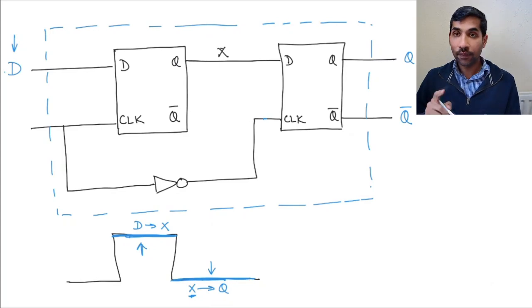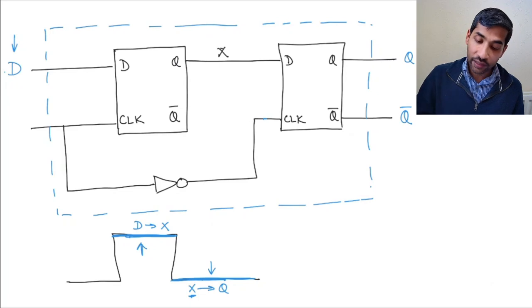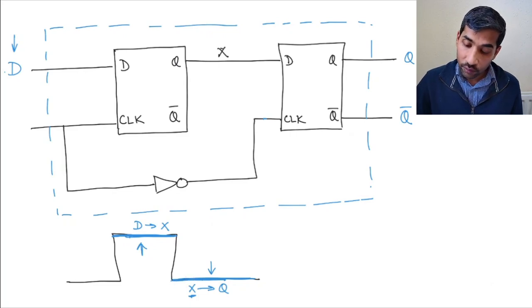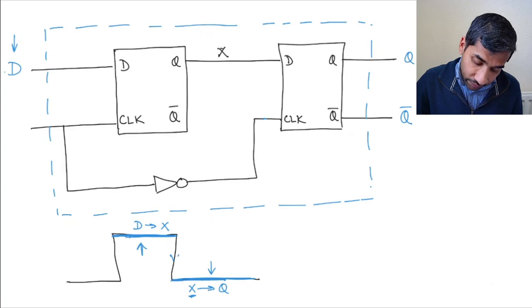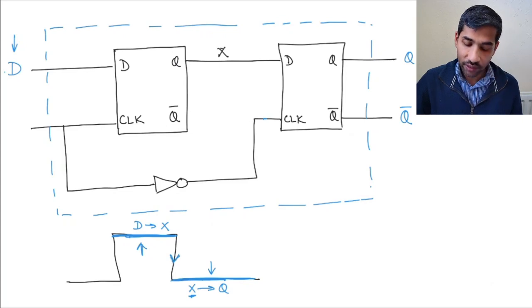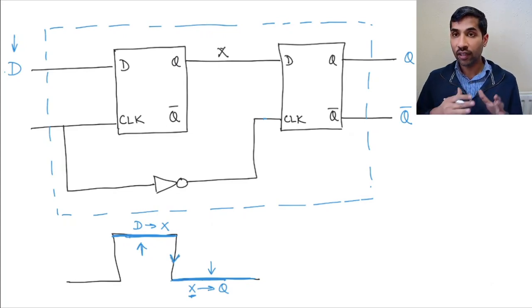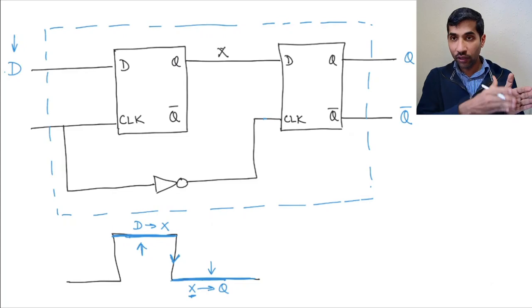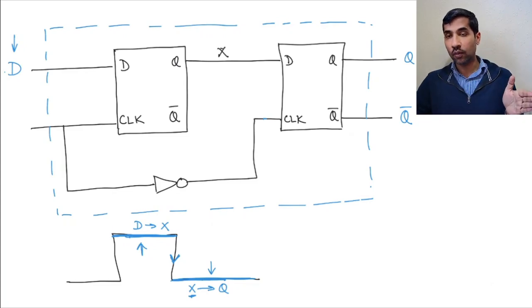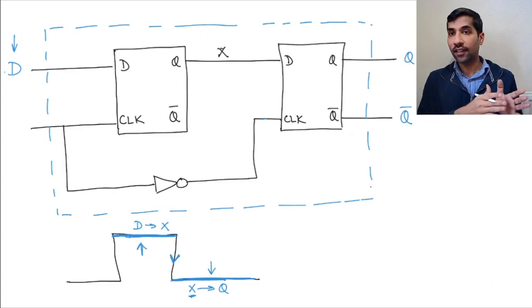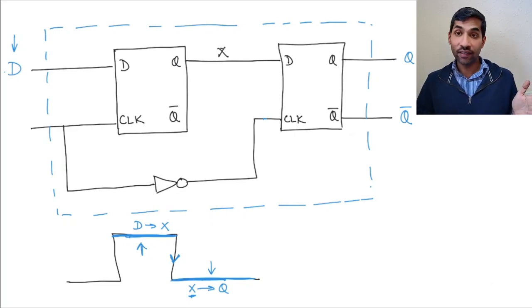So basically what happens is the change in D can influence Q. The change gets propagated from D to Q only when you have this falling edge here, right? So when you have this negative edge, or you can also call it the falling edge, that's when the influence of D is seen at Q. At no other point in the circuit does the input influence the output.